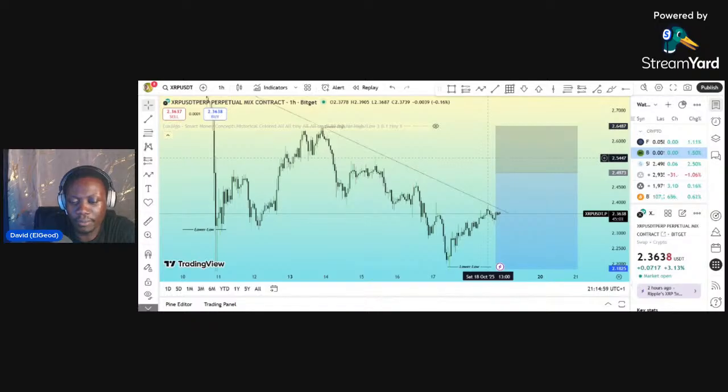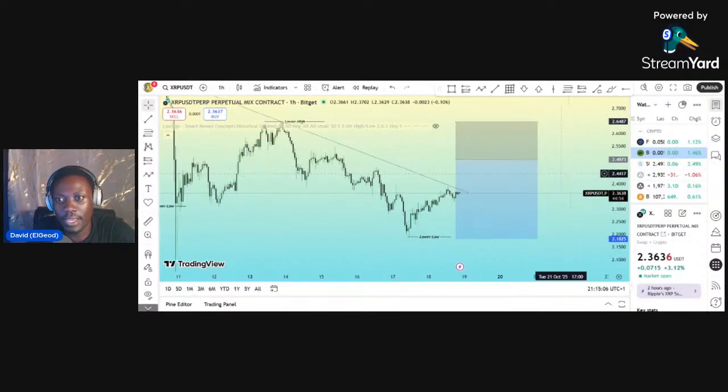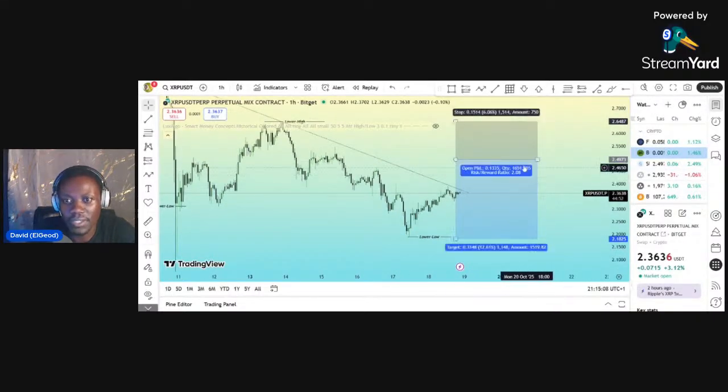So where are we? Let me go put in the entry and exit. If I would ask us, as we can see on this particular icon, where do you think is our point of entry, and where do you think is our point of exit on this particular trade, where the market is going to take profits?